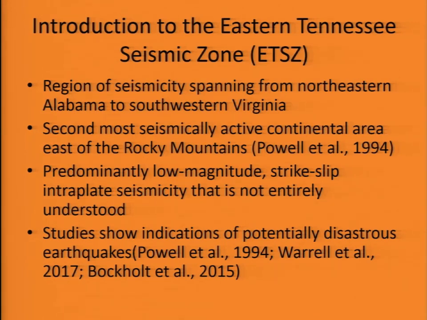There actually is a lot of evidence that, despite mostly low magnitude events that don't occur frequently, within the near future there could be a potentially disastrous event that would affect a large portion of the East Coast. You can't necessarily predict earthquakes, but first of all, Tennessee is located on what's called a craton, which represents the most stable part of a continent.